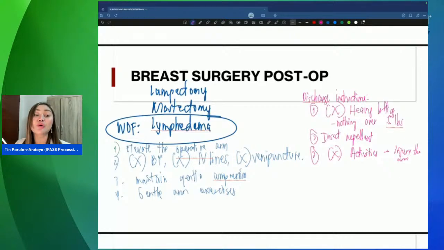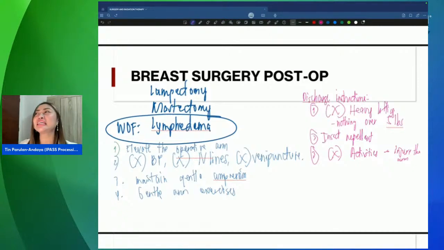NCLEX loves to ask questions like, which action by the nurse is correct in preventing lymphedema? Or what instruction is priority for a post-mastectomy client? So what will be your answer?